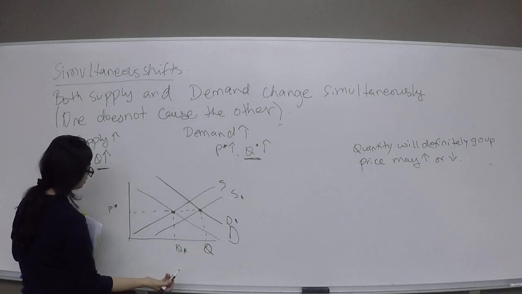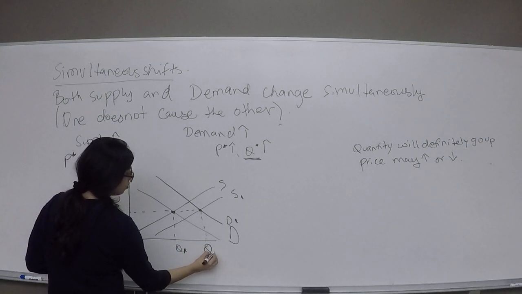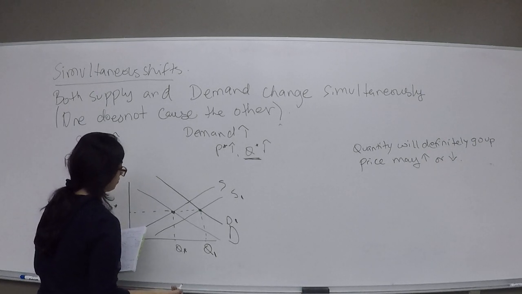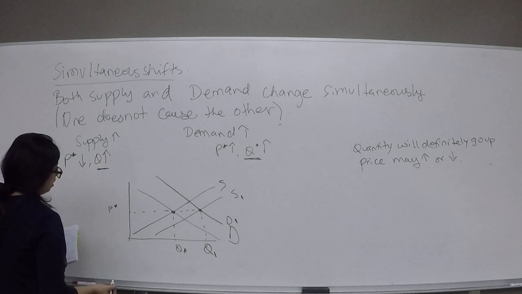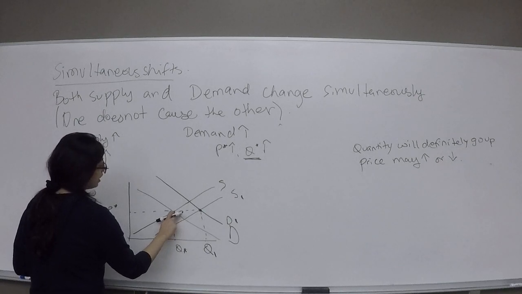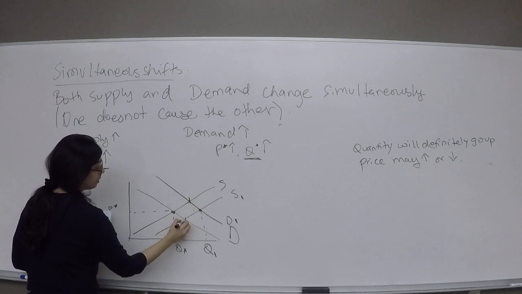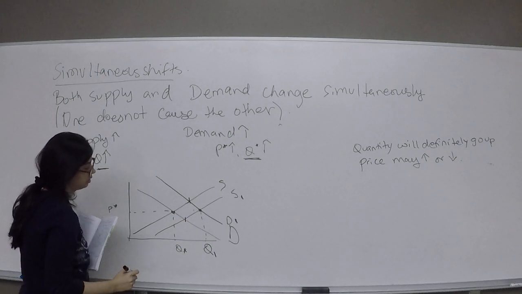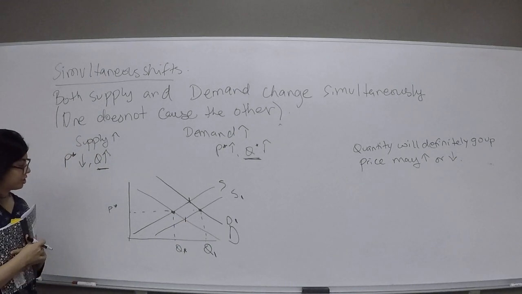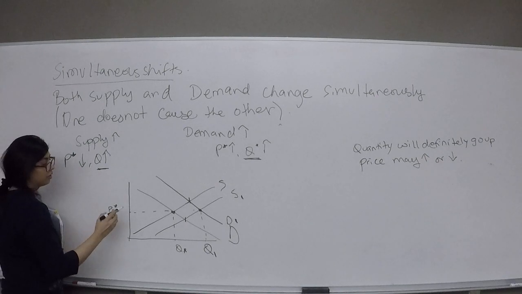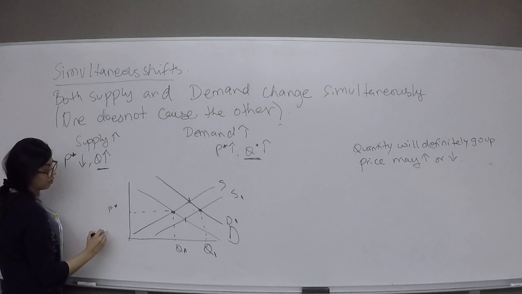So we'll call this Q1. Now price could either be here or it could be here. There are two options for it. It could go up or it could go down.